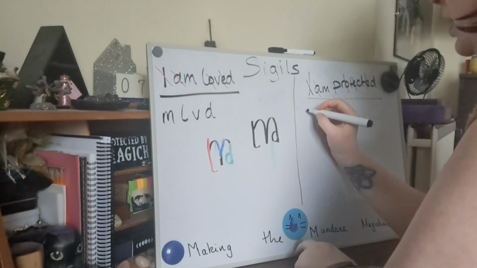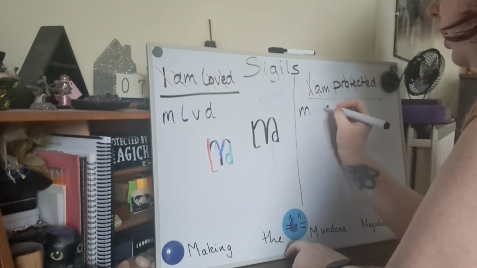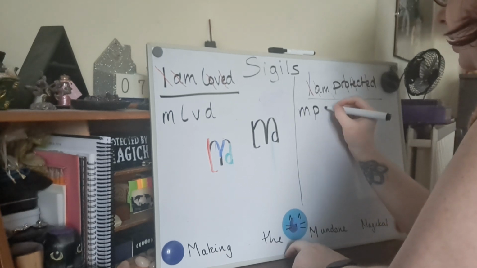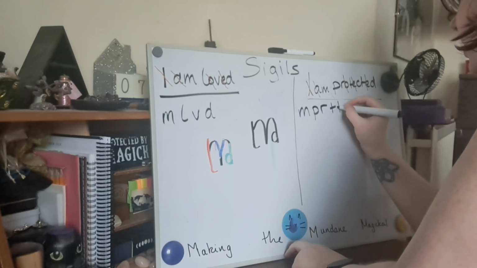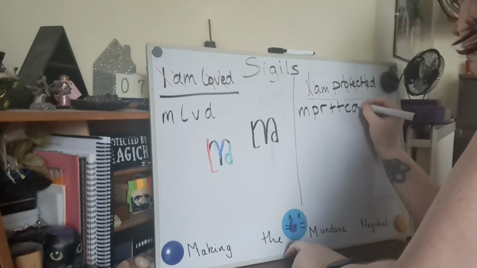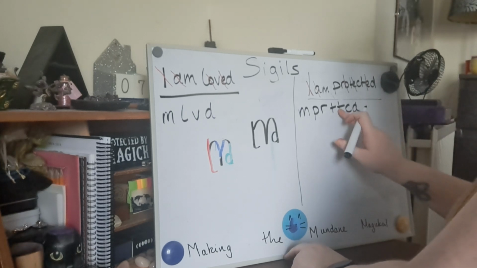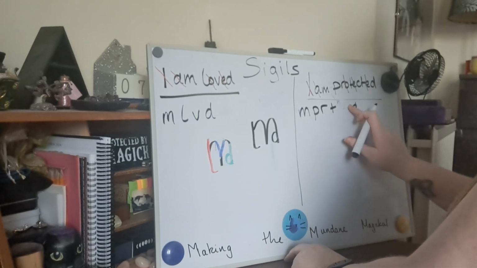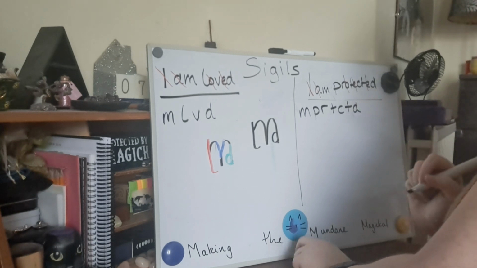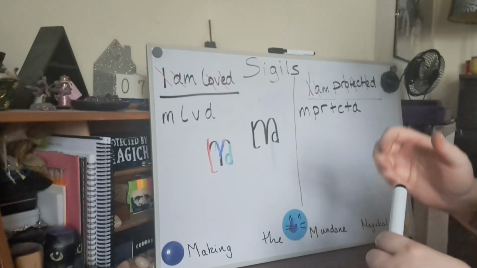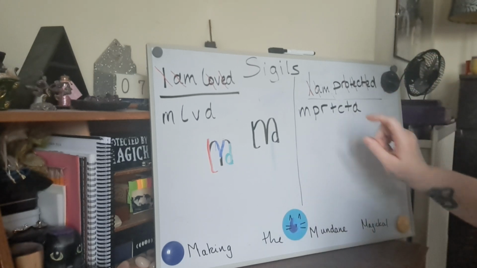We ignore them. So we're left with M, P, R, T, T, C. Oh no, I forgot the C, so we've got the C and then a T. Now, this is where things get a little bit different because we've got two T's.